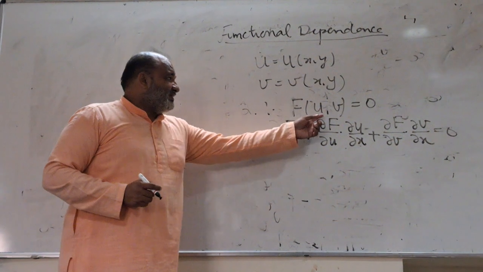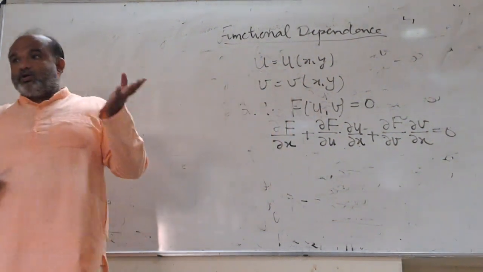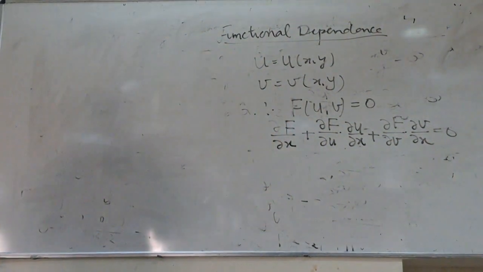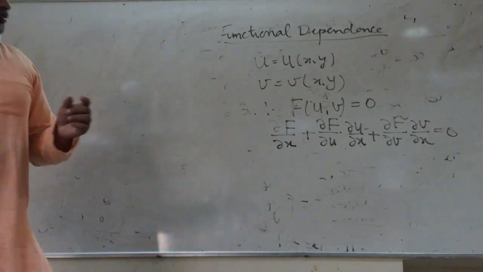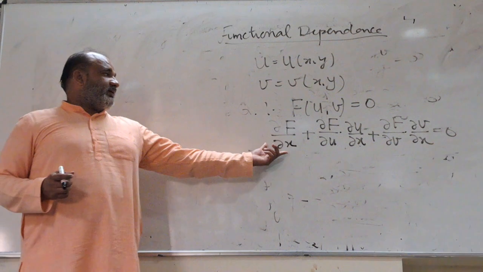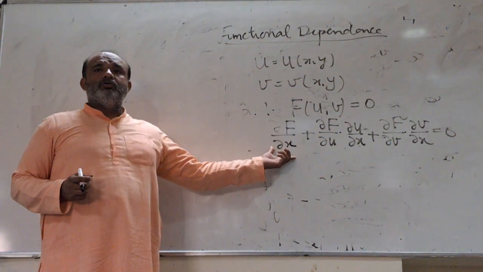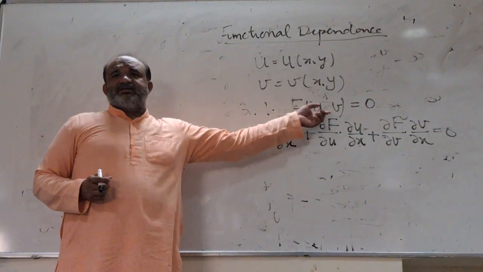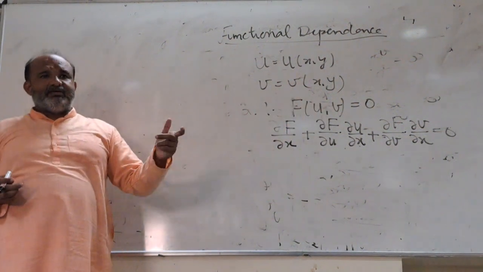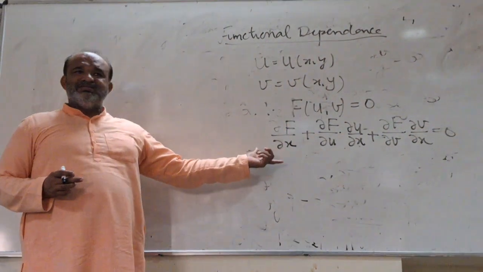But you can see here there is no dependence of capital F on x and y. So the value of del F over del x will be equal to 0, because there is no x, there is only u and v. So this term will be 0.